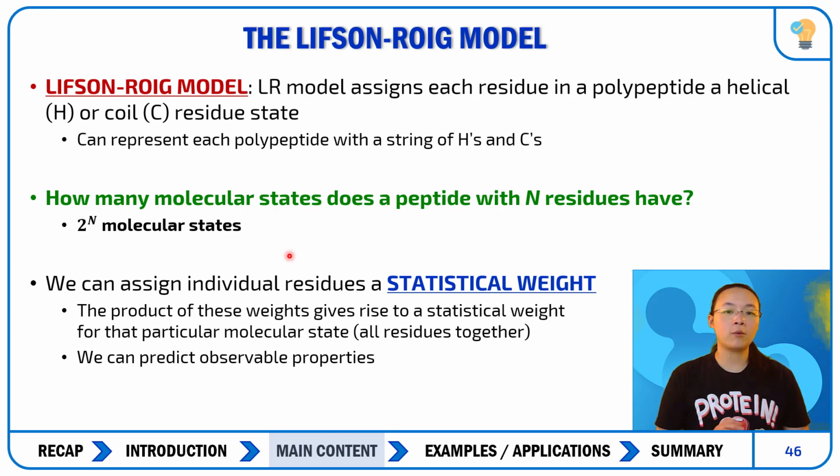And now we want to ask what happens if we assign each of these individual residues a statistical weight. This means that the product of these weights will give rise to an overall statistical weight for a specific configuration of a polymer with N residues.